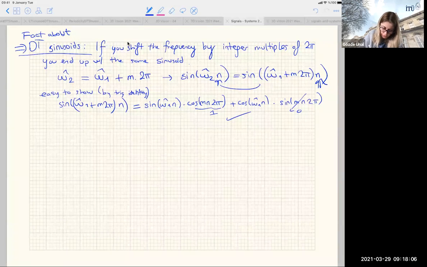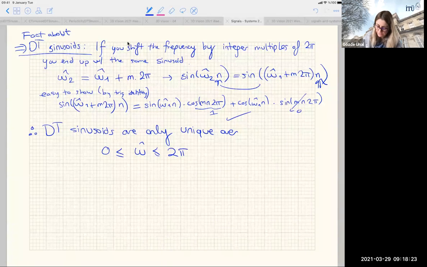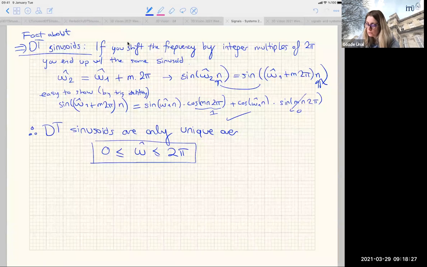So therefore, discrete time sinusoids, guys, this is important, are only unique over, this is important, unique over, it could be any 2 pi interval, but let's say we just take it. Could be any 2 pi interval.